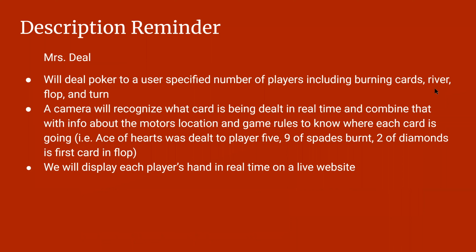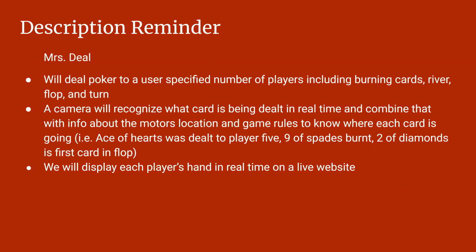A reminder of our project: it is going to be a device that deals cards out to a user-specified number of players, and that includes burning cards and the 5 cards for the river, the flop, and the turn. How this will work is a camera is going to be placed underneath the deck of cards as it's dealt.